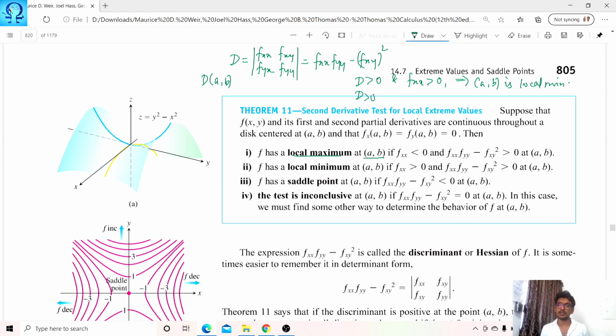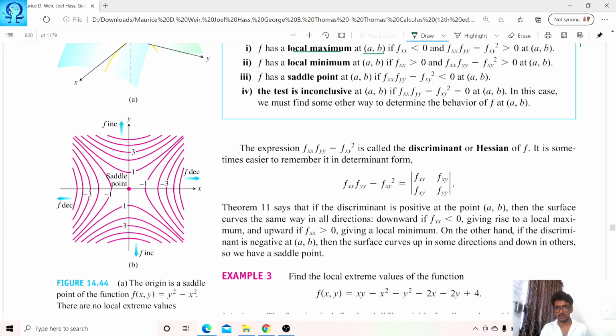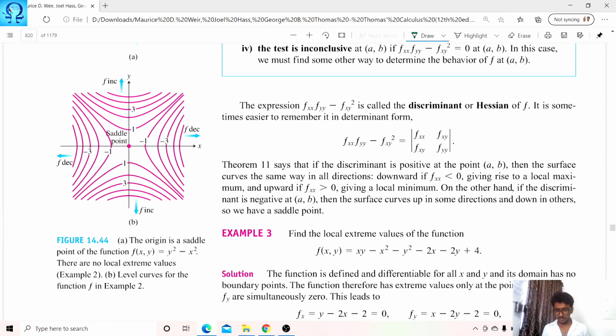If D is positive and the second derivative with respect to x is negative, then (a, b) is a local maximum. If D is negative, then (a, b) is a saddle point. What if D is 0? With this test, you cannot come to any conclusion. So that is what is given here. This expression D is called the discriminant or Hessian of f.